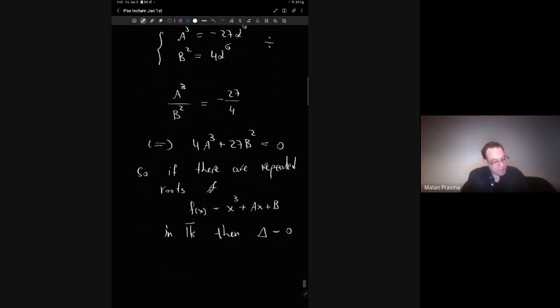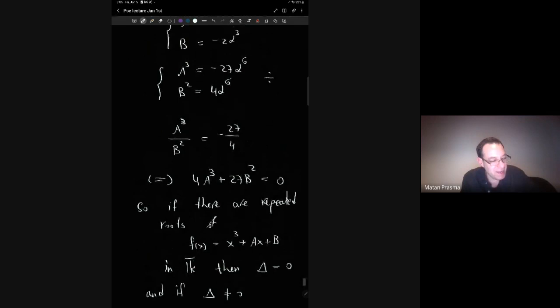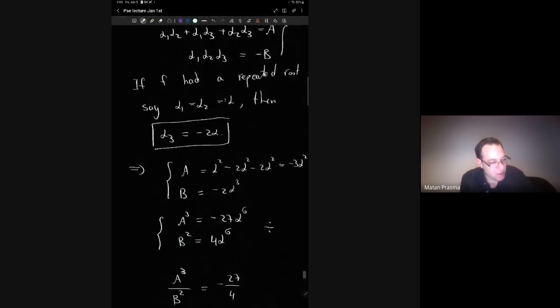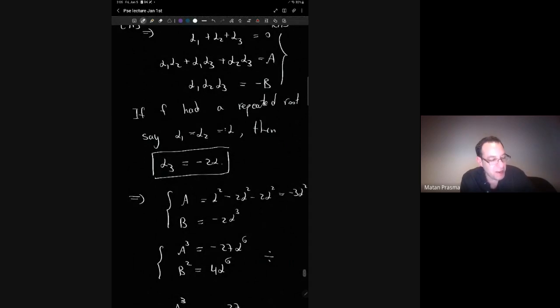And if the discriminant is non-zero, then I cannot possibly have repeated roots, because our reasoning led us to see that if you have repeated roots, the discriminant must be 0.